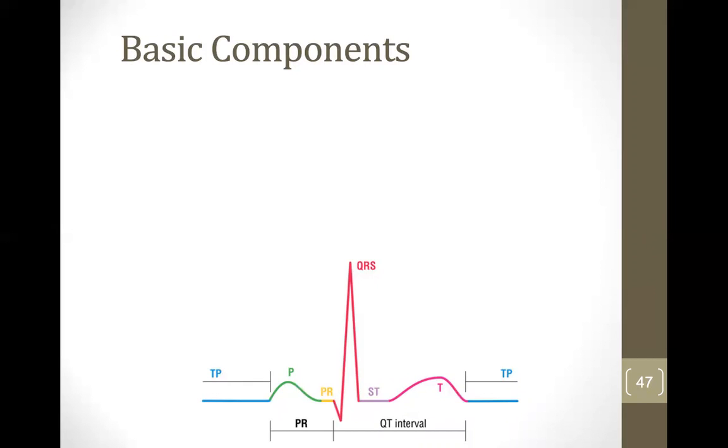He wanted to name all of these different waves or changes from the baseline, so he picked a middle-of-the-alphabet letter to start with. That's why it starts with P and goes all the way through to T. There's actually a U wave involved too, but we're not going to address that right now. It's randomly picked, so that if he had to add something before or after, he would still have enough letters to do that.